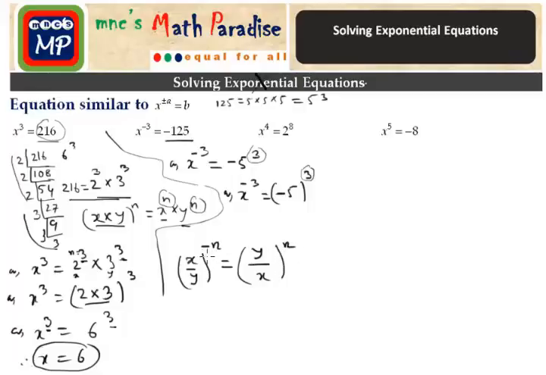That means if a fraction base has a negative power, we can swap the numerator and denominator and make it a positive power. Inversely, if we have a fraction base with a positive power and we swap the numerator and denominator, we can make that power negative. So here, (minus 5) to the power 3, to match this minus 3 power, we need to make this power negative. But this is not a fraction base.